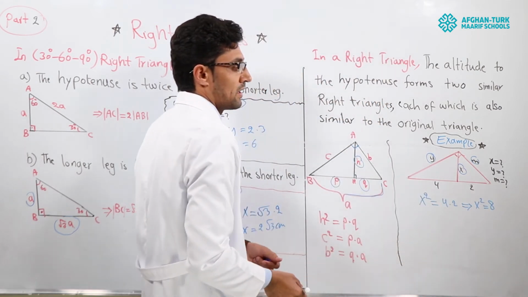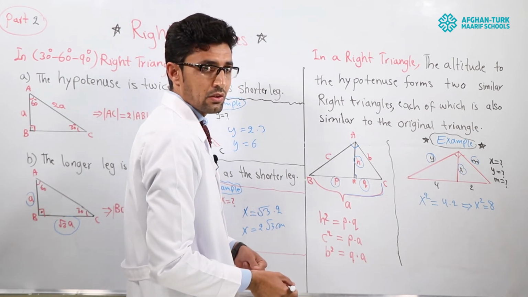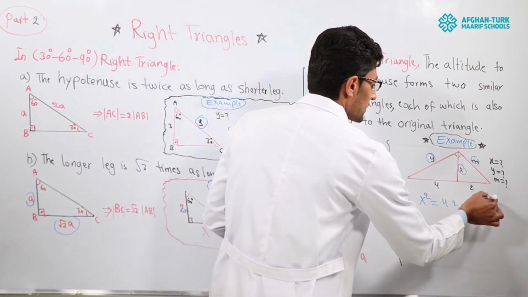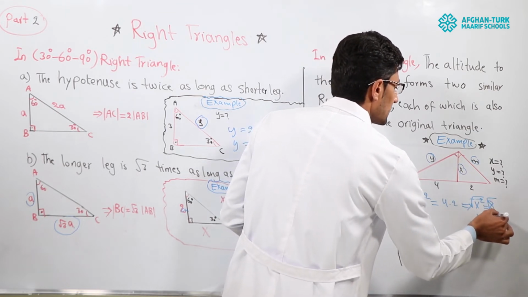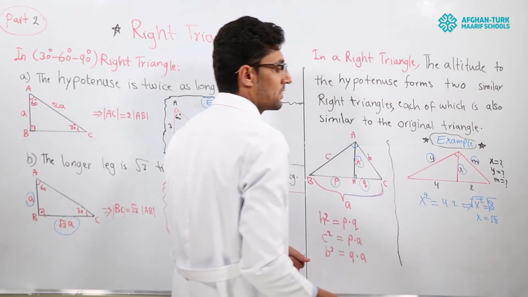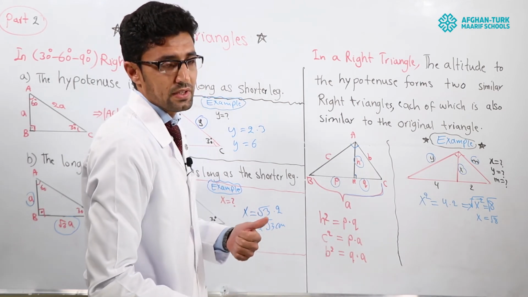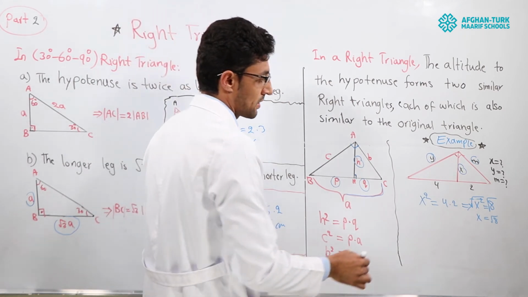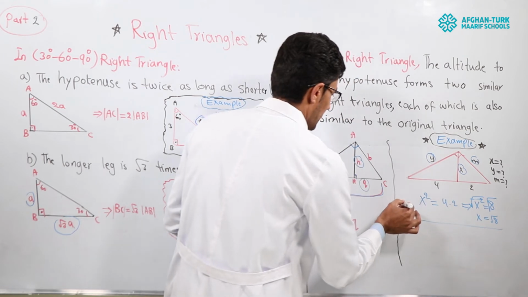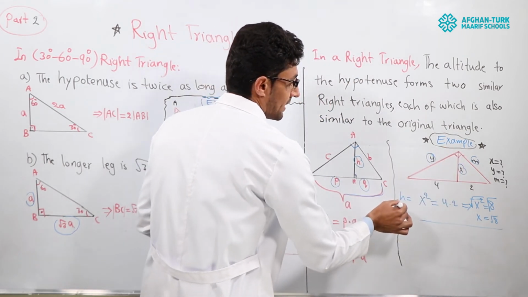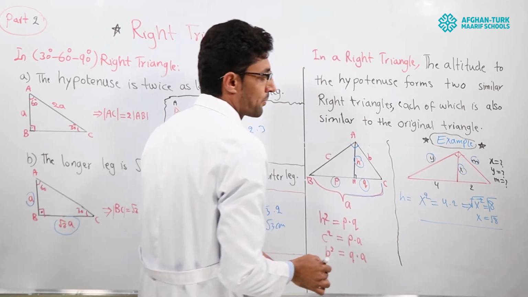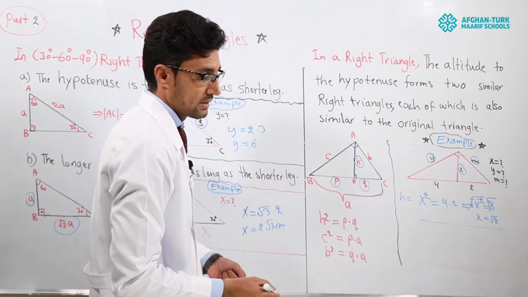In order to find X, you have to put both sides under the square root. The units belong to you, if it is meter or centimeter or something else. So it was the height.